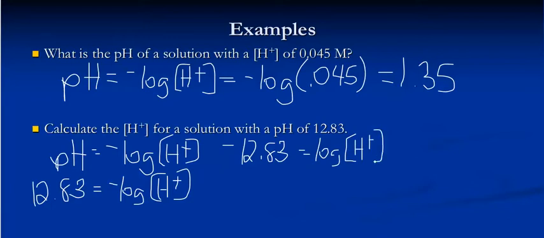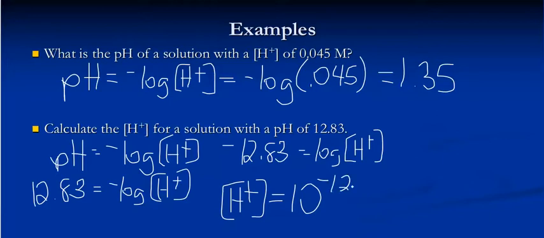To get rid of the log in front of H+, I have to take what's known as the antilog. So to get H+, take the antilog, which is the button right above the log key on your calculator. It should say 10^x. So we're going to take 10 to the negative 12.83. We're going to take the antilog of negative 12.83 to get H+.